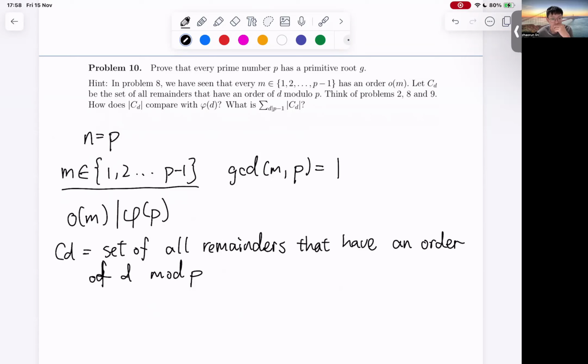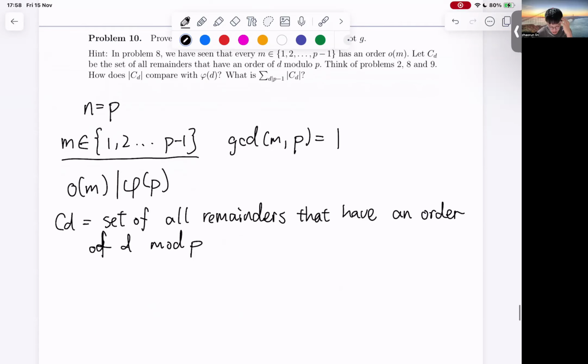So we denote C_d as the set of all remainders that have an order of d modulo p.